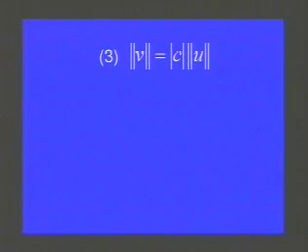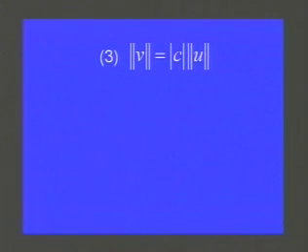Then I saved this one for its own page because it seems to confuse a lot of people. What this is saying is that the length of v is equal to the absolute value of c times the length of u. Now you might be going, what the heck? Well, it goes back to the example we looked at. If you have the vector u and then I double it, it's going to be twice as long, right?